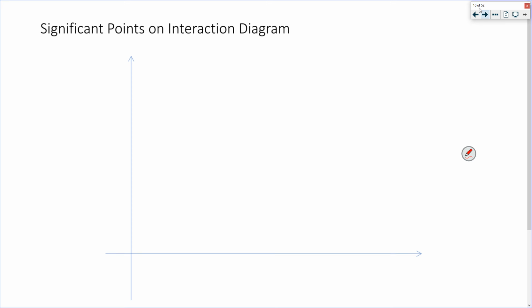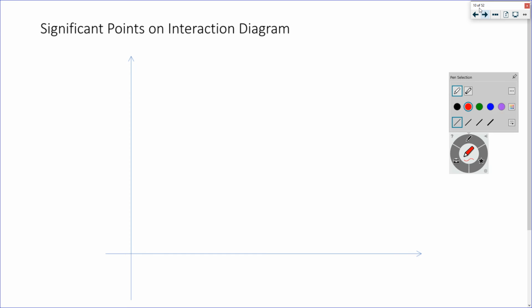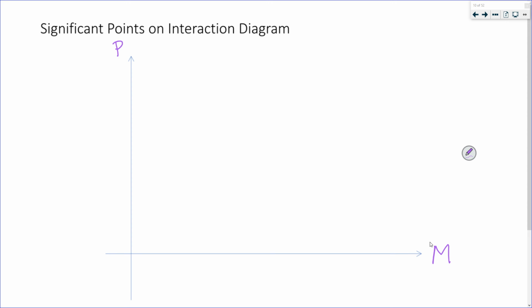You could select 20 different strain profiles and do different points along the interaction diagram, but you're not going to do that. So if this is my moment axis and this is my axial load axis, it's easy to just select 6 points.